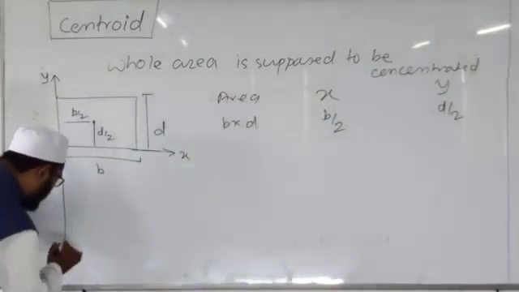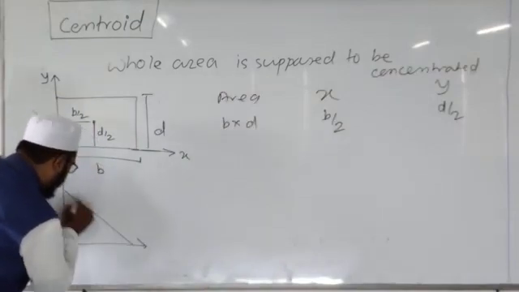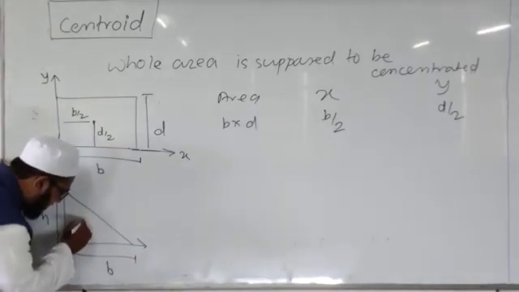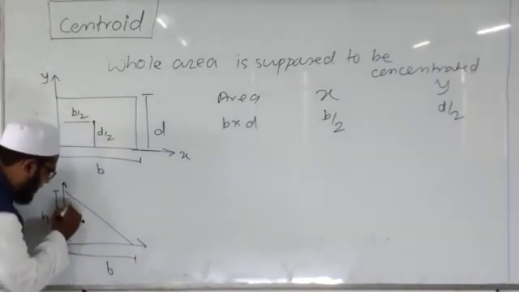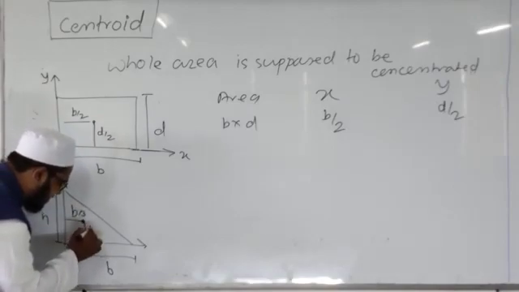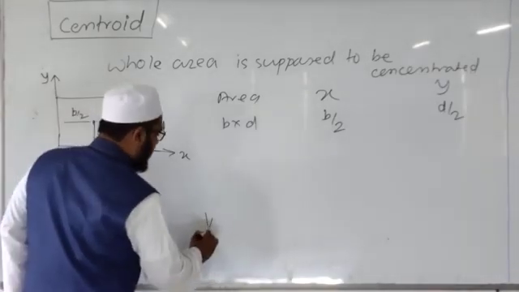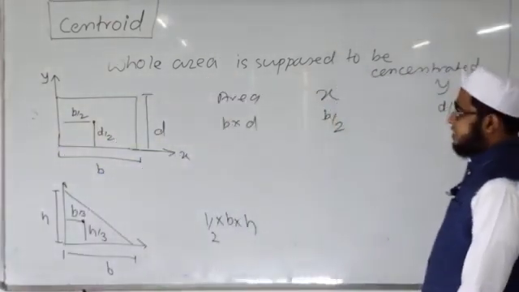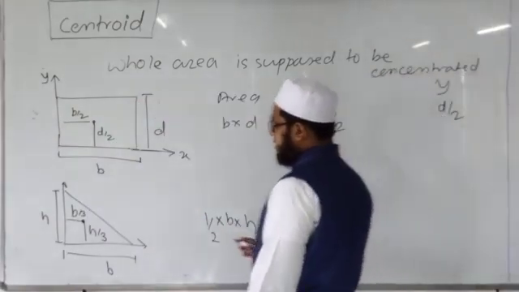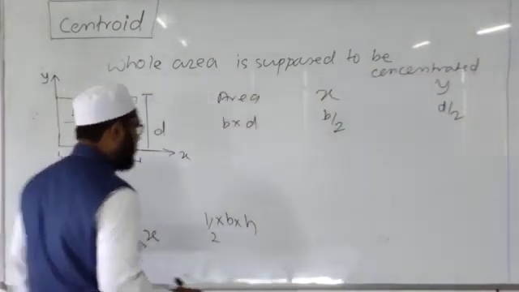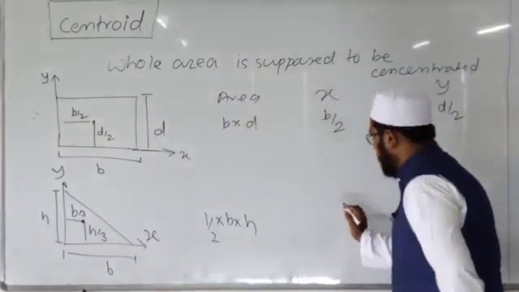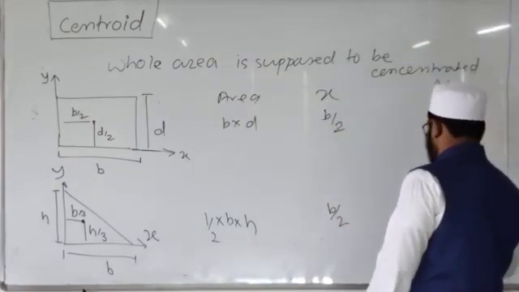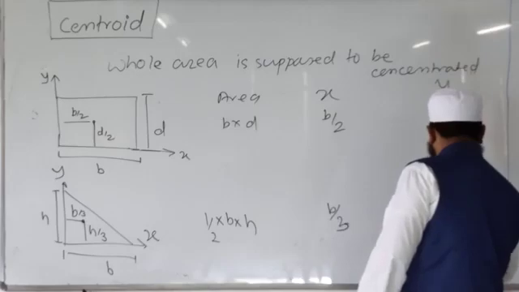If it is a right angle triangle having height h and base b, then the centroid is lying at this point, at a distance of b by 3 from the height and h by 3 from the base. Area is given by half base into height. The x coordinate is the distance measured from the y axis, so it is b by 3 and h by 3.